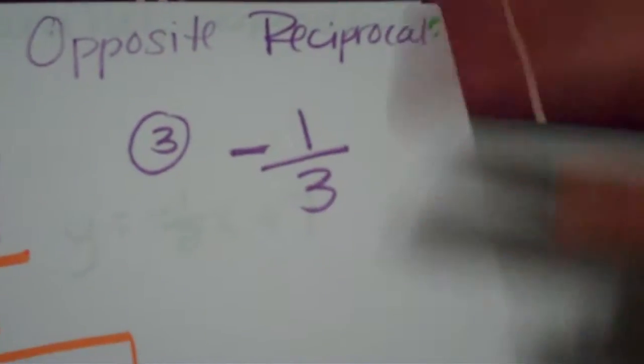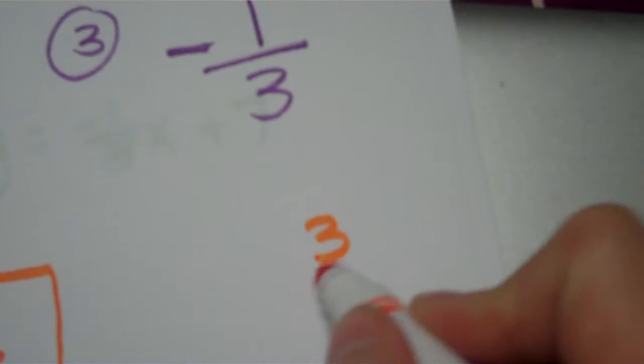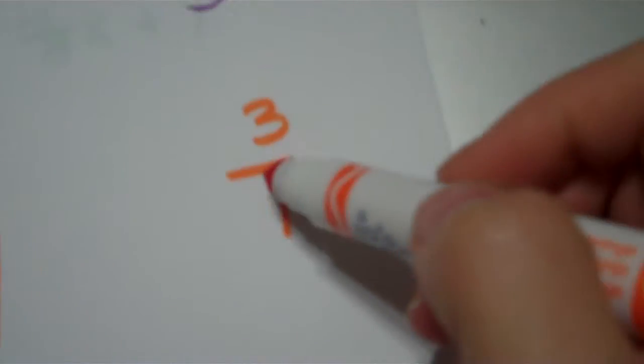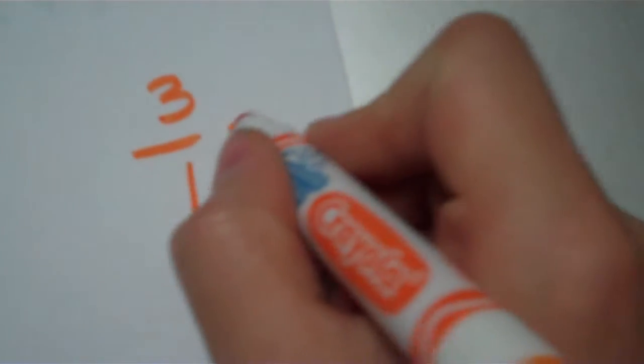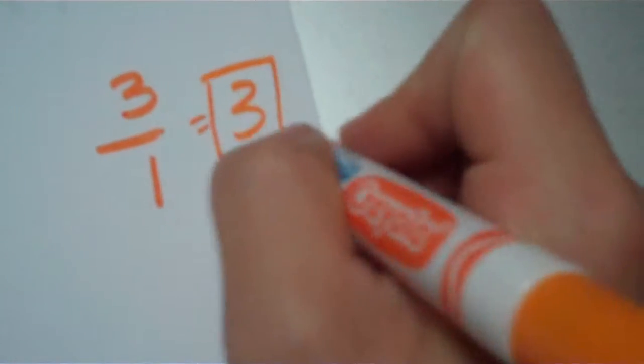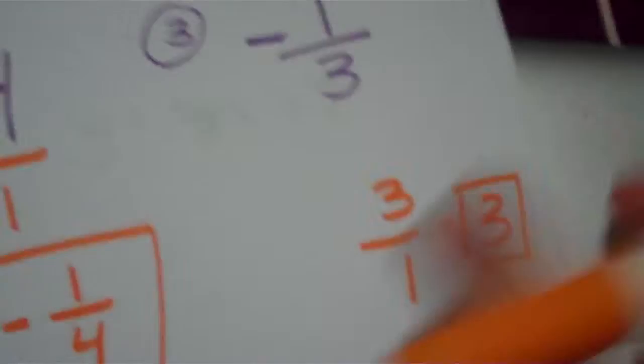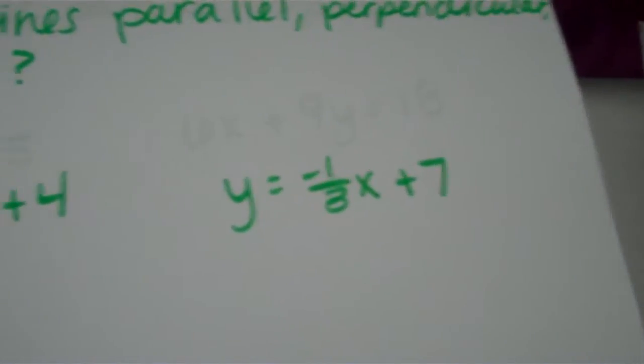So we're going to flip it to 3/1. And since this is negative, this is going to be positive. If you put that, that's technically correct, but you could reduce that. 3 over 1 is just the same thing as 3. Either one would be correct, but this is more correct because it's simplified. Alright, so when you get opposite reciprocals down, then we're good to go.